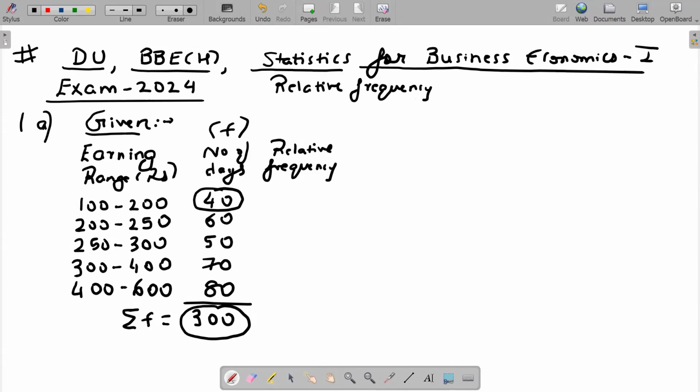So the relative frequency of a particular class interval is the frequency of that class interval divided by total frequency.